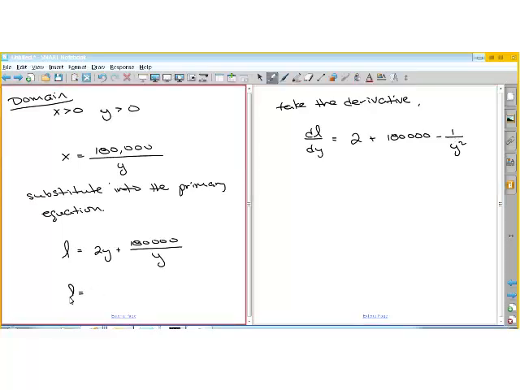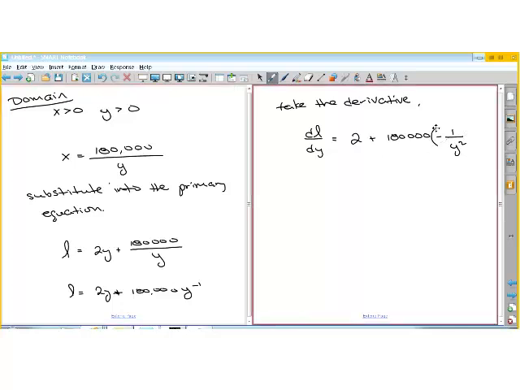Why is that? Because I can rewrite this as 180,000 times y to the minus 1 power. So when I take the derivative, I get negative 1 times y to the minus 2 power, which is exactly what we had there. The parentheses are to make sure that we know we're multiplying it out.